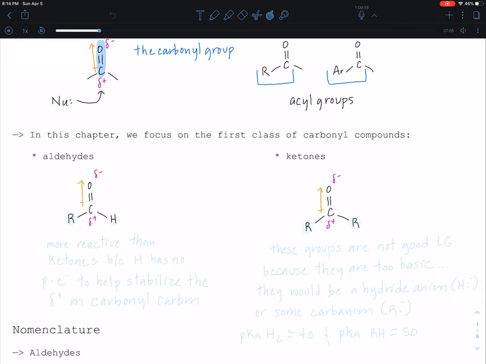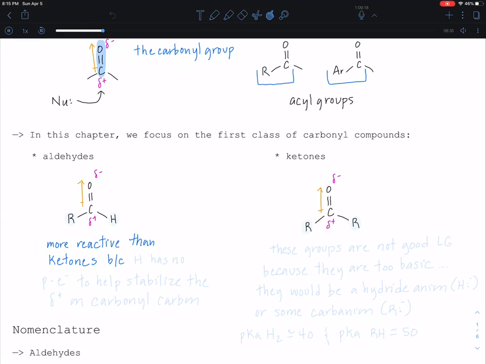And that was due to the ability of those p electrons in those alkyl groups, those carbons that are right next door, to hyperconjugate, right? And hydrogen doesn't have p electrons. So that leads us to believe that these aldehydes are just a wee bit more reactive than a ketone, because in a ketone, that partial positive charge can be stabilized through hyperconjugation.